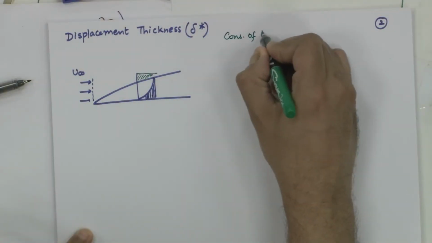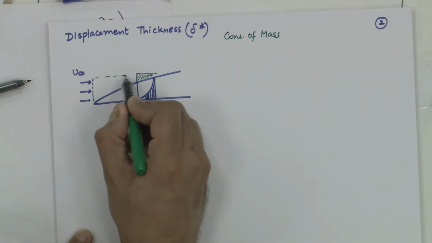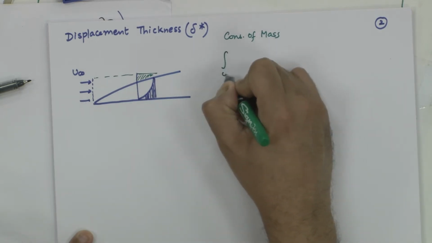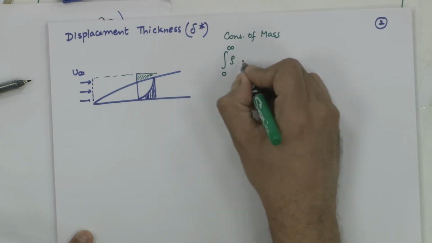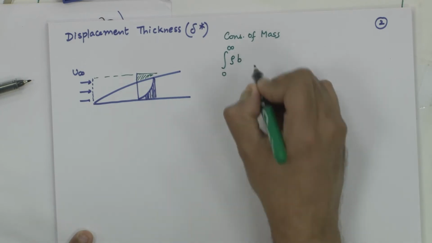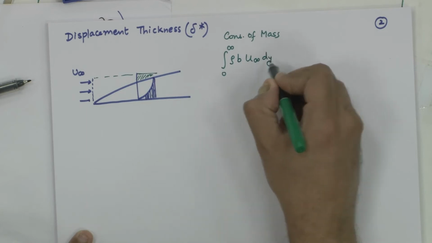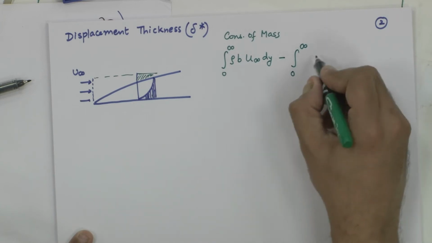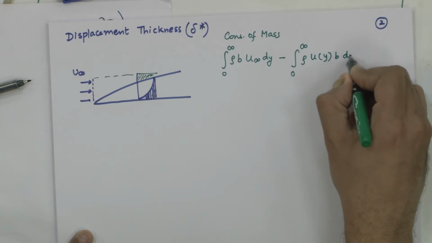So, if I apply conservation of mass over a control volume, which is basically this, I would say this is integral 0 to infinity rho into b, the width into the paper, u infinity dy, minus integral 0 to infinity rho u of y into b dy.